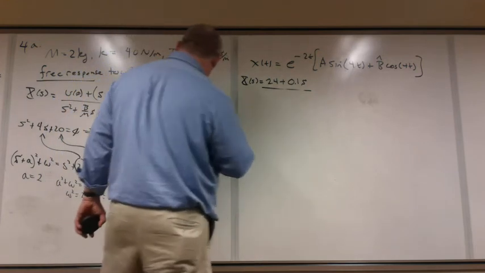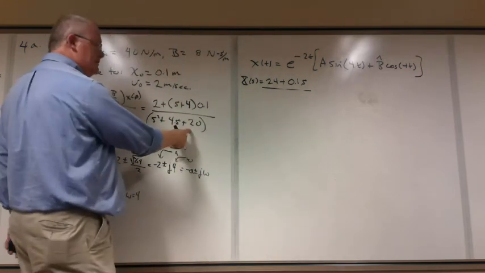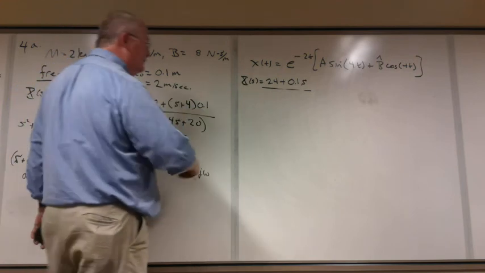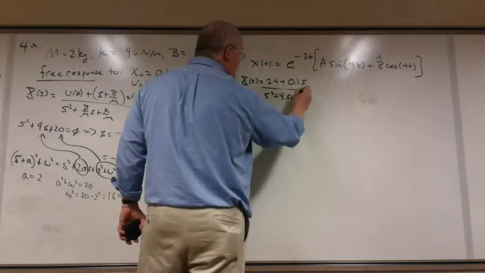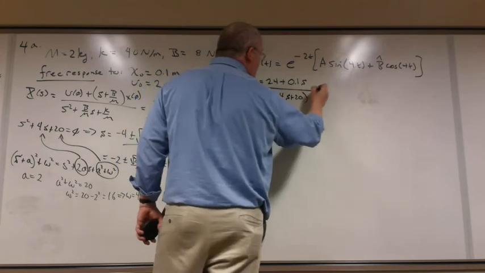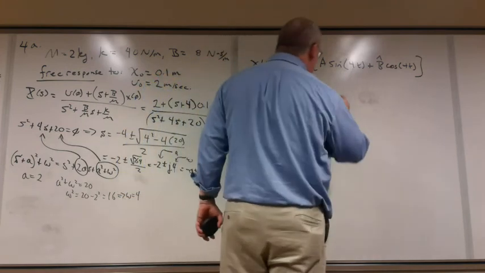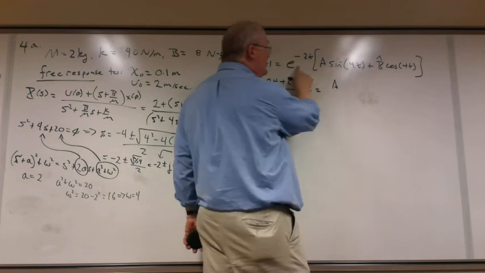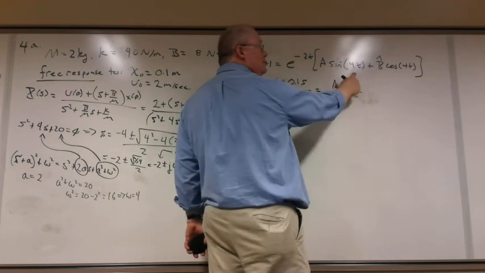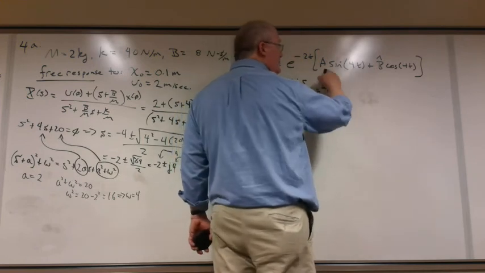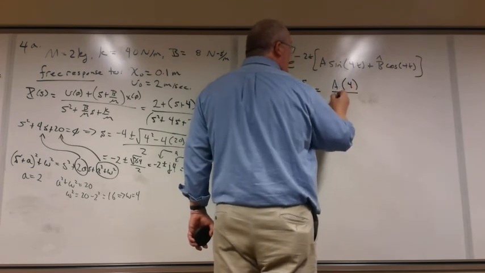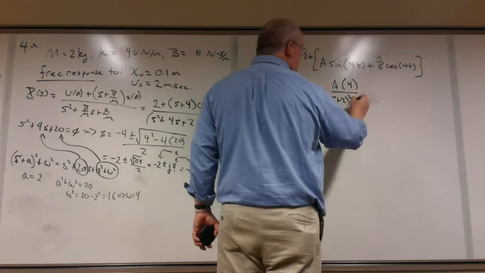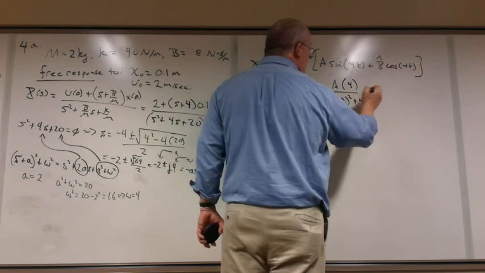Divided by s squared plus 4s plus 20, because I've got a point I'm trying to make to you, is going to be equal to a. Here's e to the minus 2t sine of 4t. That means that the Laplace of that is going to be a times 4 over s plus 2 squared plus 4 squared.